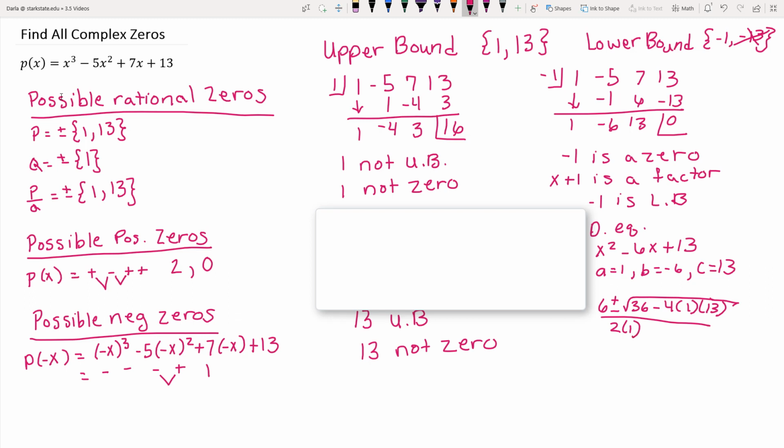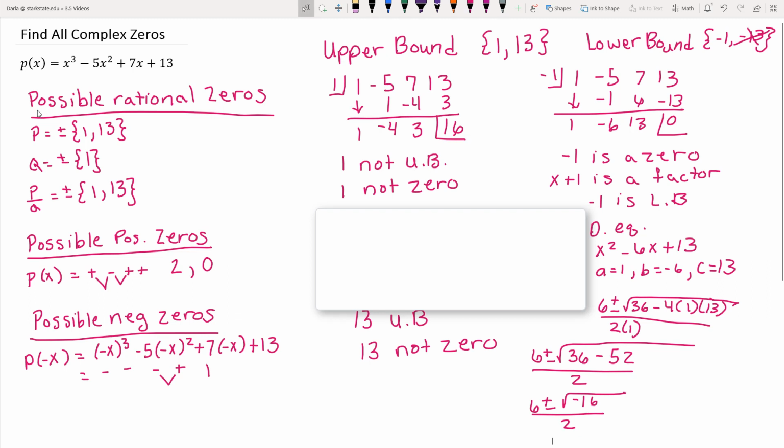But simplify that, you get 6 plus or minus the square root of 36 minus 52 all over 2. But that's just 6 plus or minus the square root of -16 all over 2.